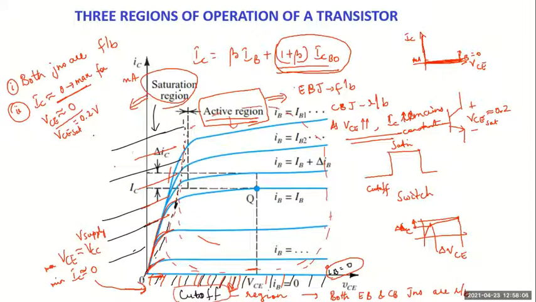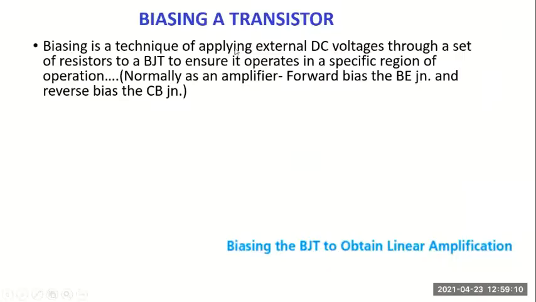If we want to make a transistor work in a particular region of its characteristic curve, either saturation and cutoff as a switch or the active region, we need to bias the transistor. Generally, biasing is used to make the device work in the active region. For switching action, we don't always need a bias, but we do it to ensure proper movement of the device into saturation and cutoff.